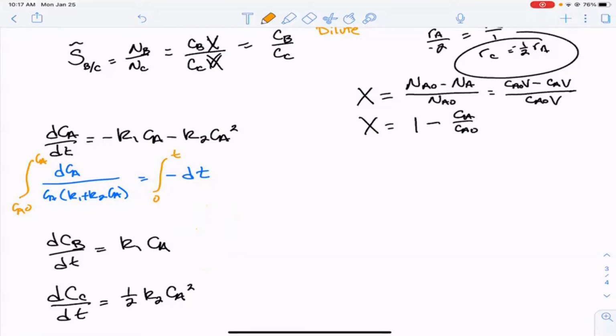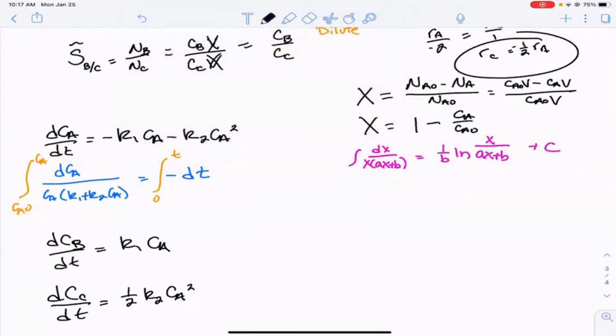So I did that. I didn't remember the solution to that integral off the top of my head, so I went to my calculus book, I found the integral tables and found that the integral of dx over x times ax plus b equals 1 over b times the natural log of x over ax plus b plus c.